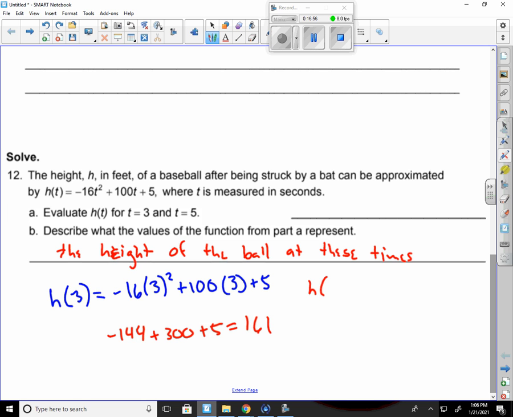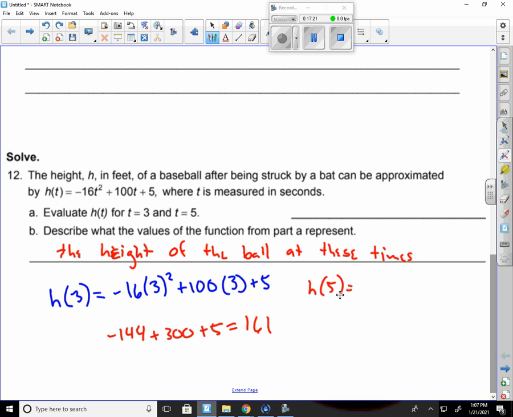At 5 seconds, same thing. I'm just plugging in 5. That's going to give me negative 16 times 25 plus 500, because that's 5 times 100.